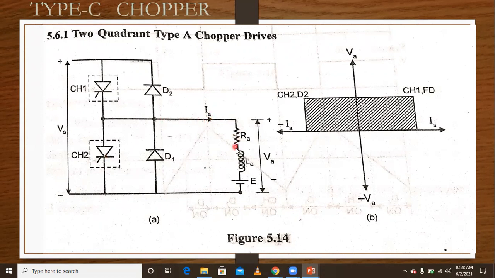Instead of flowing into the motor, the armature current is delivered back to the supply, generating the supply. The armature current IA is negative in forward braking mode, so the armature current goes in this manner, and this is its direction. The motor keeps rotating because of generation, as I already explained in regenerative braking mode.